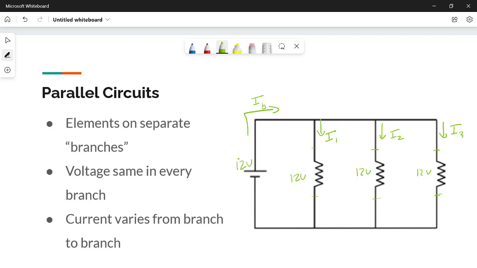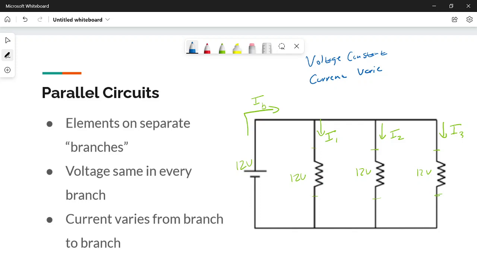So that's one of the interesting things with parallel circuits, this kind of flips everything on its head from what we saw before. So here what we're seeing is that voltage is now going to be what stays constant amongst the elements, and instead we're going to see that current is going to vary. Now, if we look at conservation of charge and conservation of energy, well, voltage being constant takes care of conservation of energy.